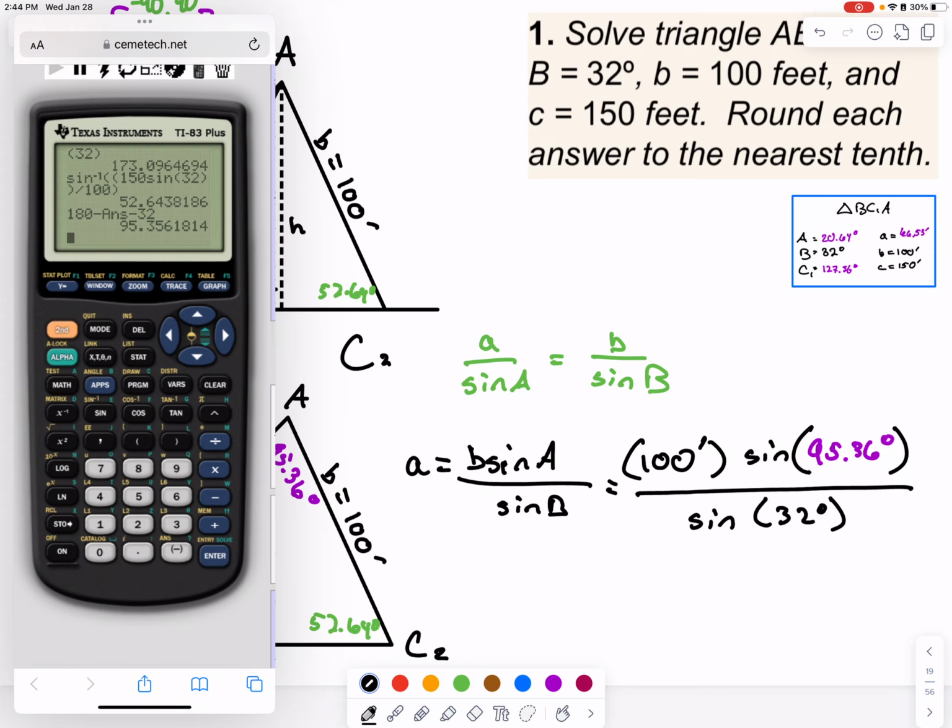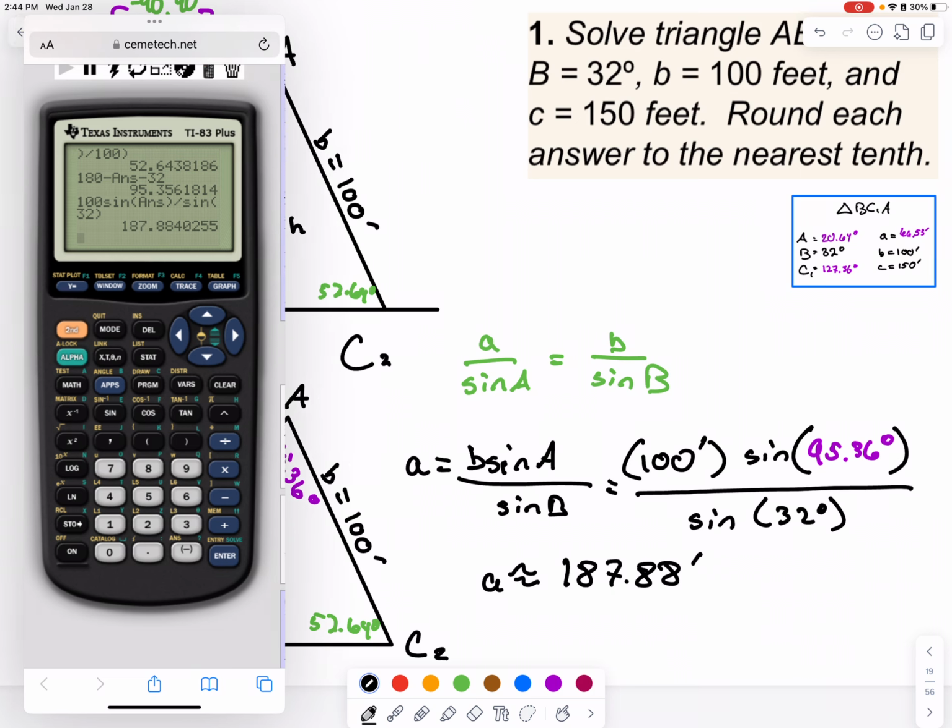Yes, we do. So we'll do 100 times the sine of that answer, divided by the sine of 32 degrees. So for side A, we get that A is approximately 187.88 feet.